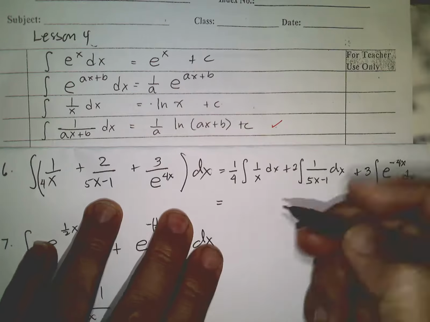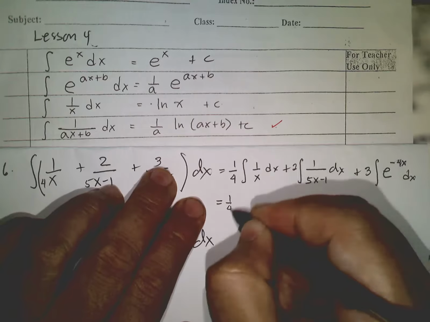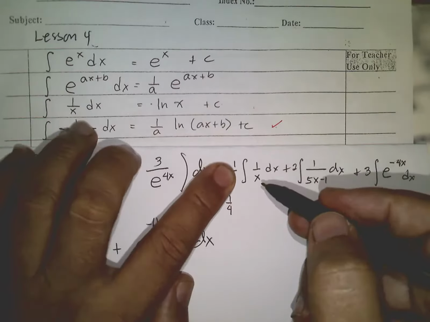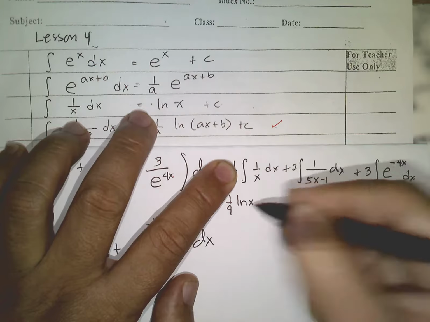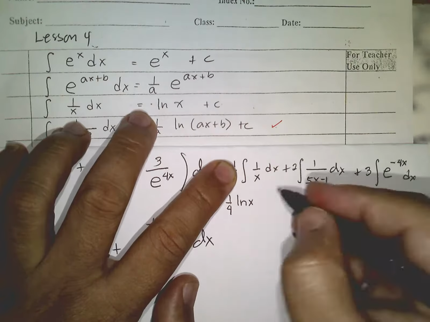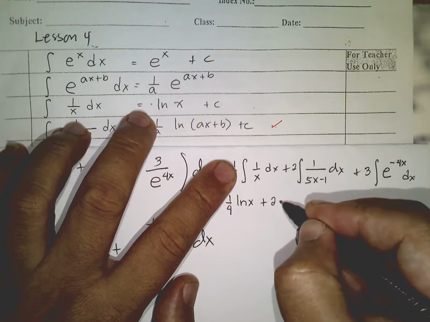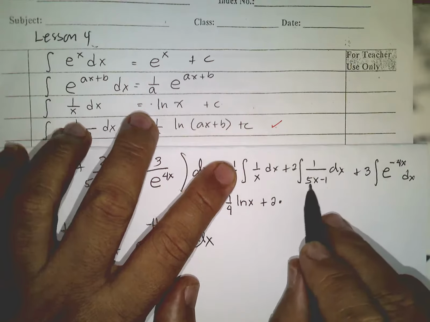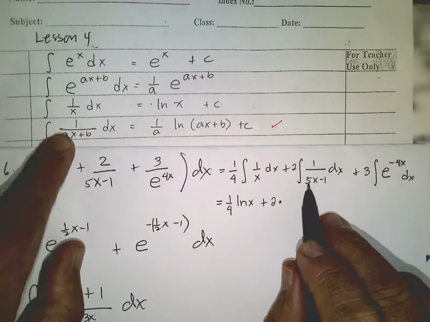So this is now equal to just copy that 1 over 4, and then the integral of 1 over x is ln x, so just put the natural logarithm of x, plus 2, you copy that 2, times, so here you use this formula number 4, this one here.